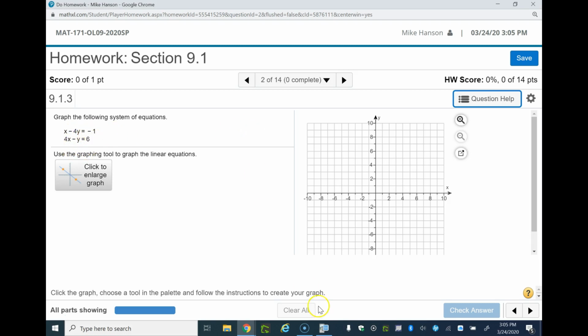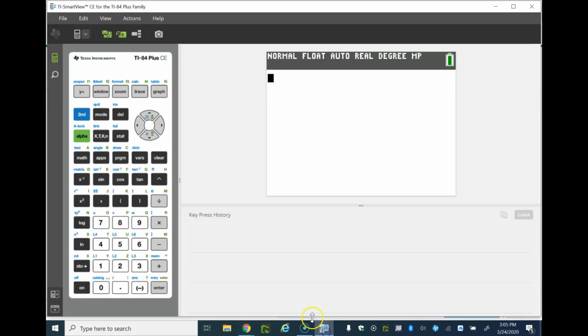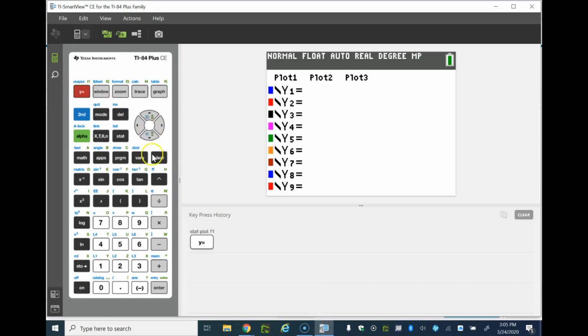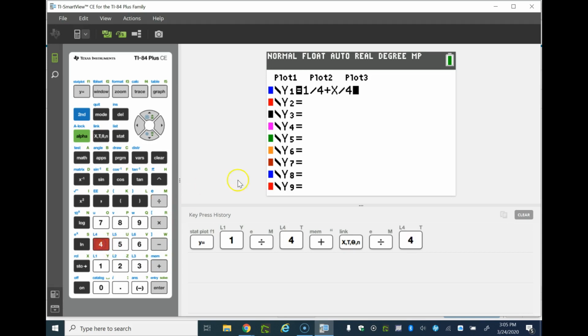For the first equation, you move the x over and divide by 4. So it should be 1 divided by 4 plus x divided by 4. This is what your equation looks like once you get y by itself.